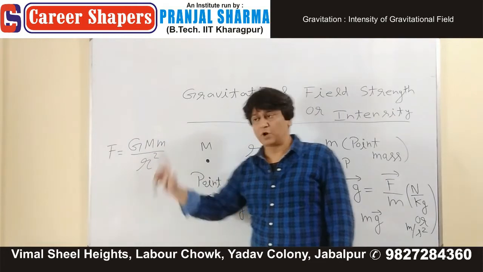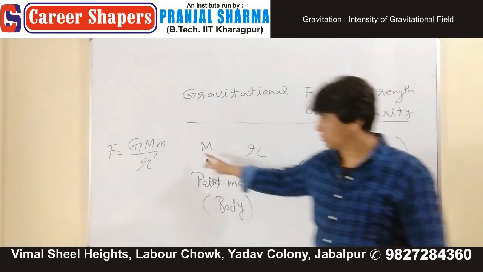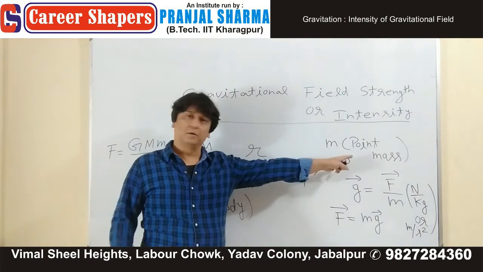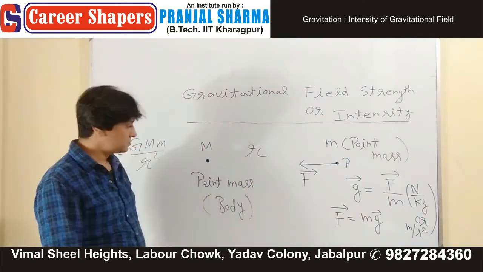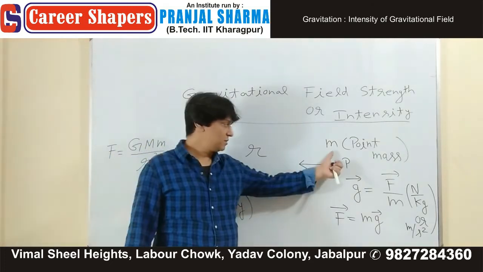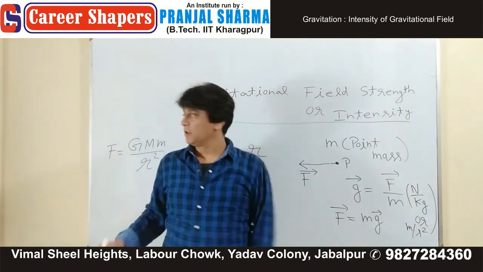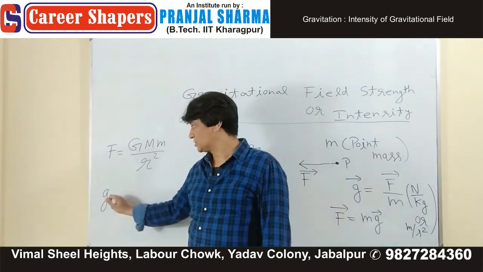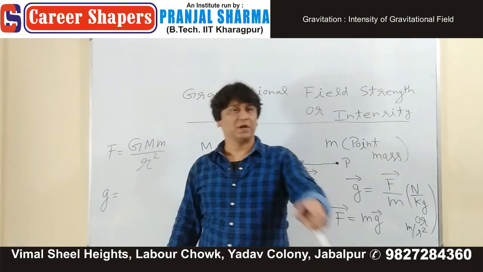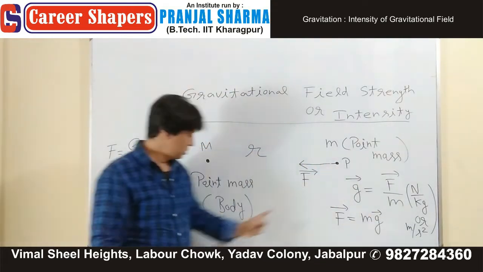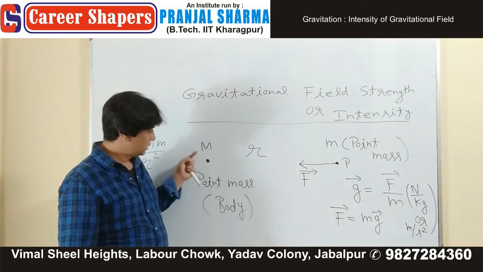This is used only when both this as well as this are point shapes. So this M is attracting this m towards itself with the force of GMm by r square. But I've been asked G, gravitational intensity at point P due to mass body M.